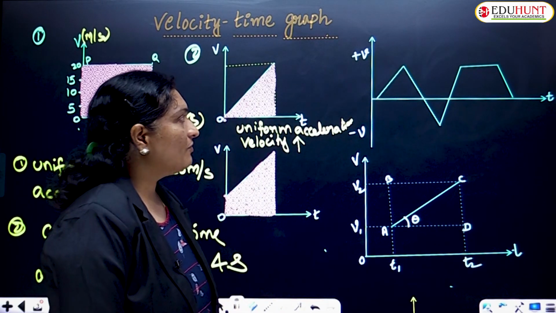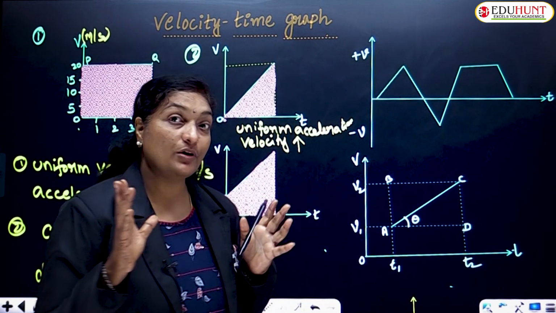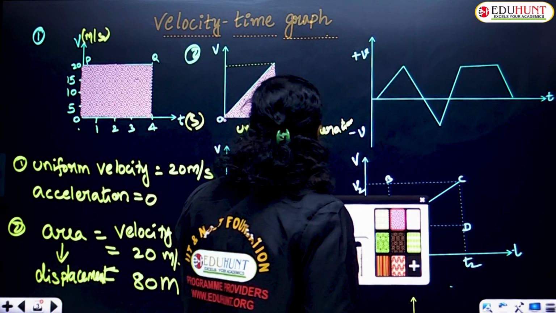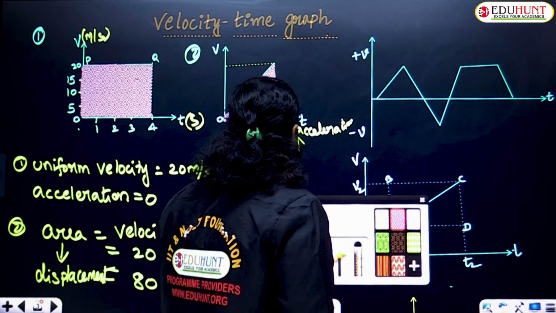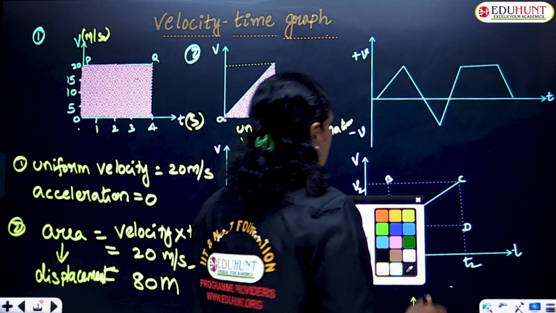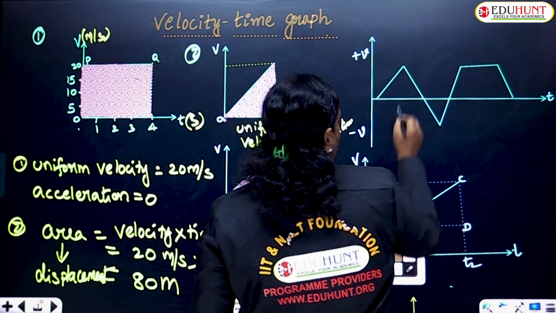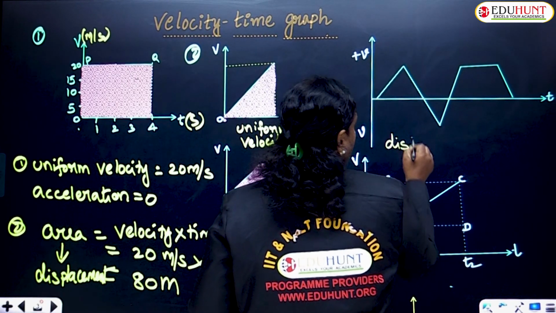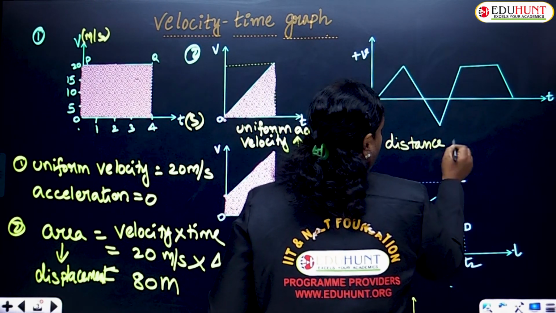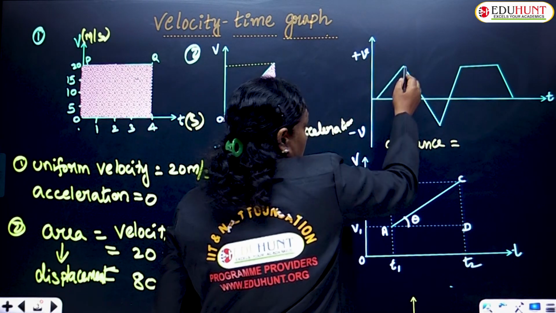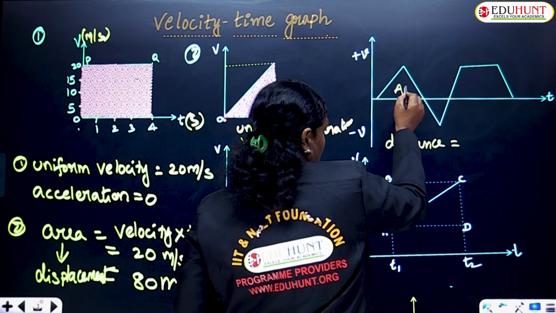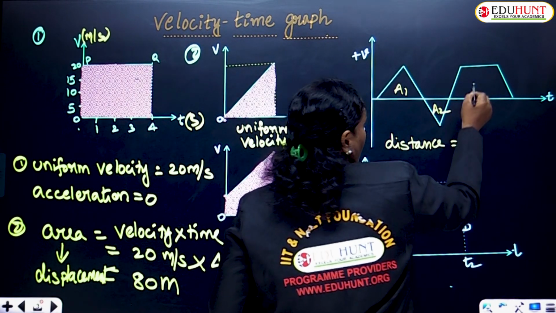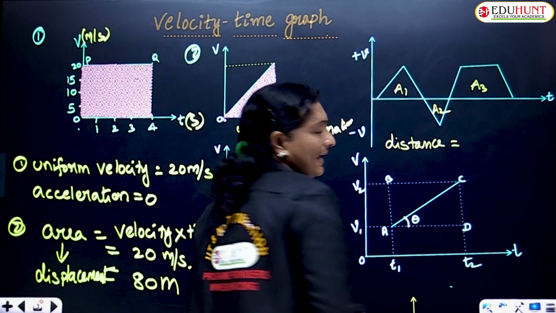And if you want to find the displacement, or if you would like to find the distance, one more thing I would like to add, children. I would like to make clear the distance and displacement. This triangular portion, let me call it area 1. This triangular portion A2, and here this trapezium portion A3.